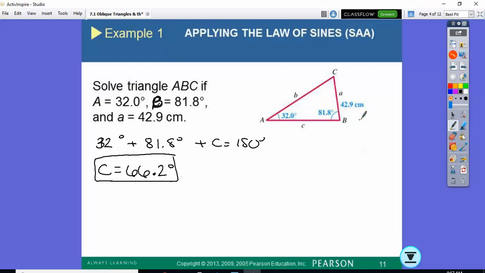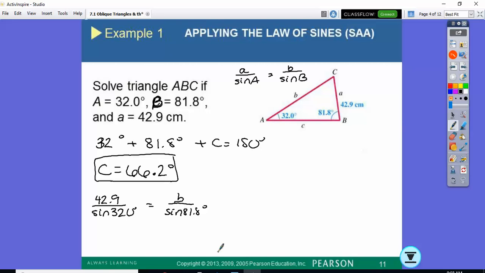Now I have to find the missing sides. The only side I gave you was a, so I'm going to use that and my law of sines. We know that a over sine of A would be equal to b over sine of B. So if I plug that in, my side a was 42.9 over the sine of 32.0 degrees equals b, which we do not know, divided by the sine of 81.8 degrees.